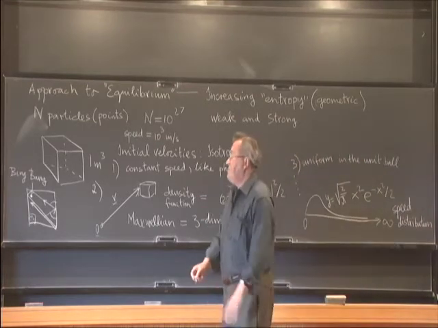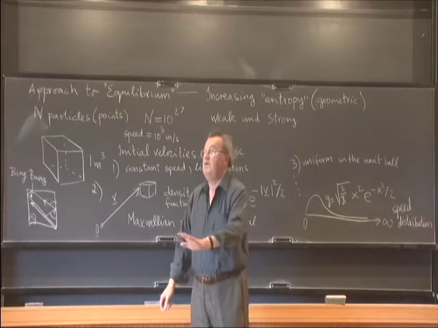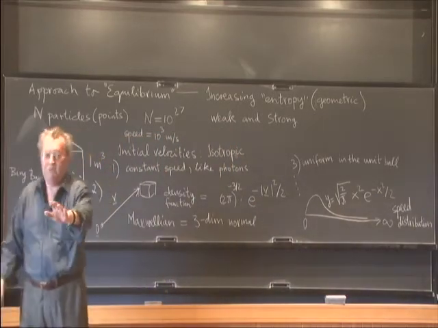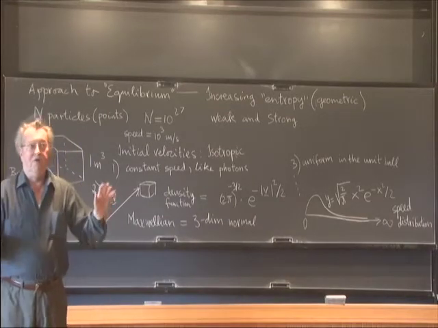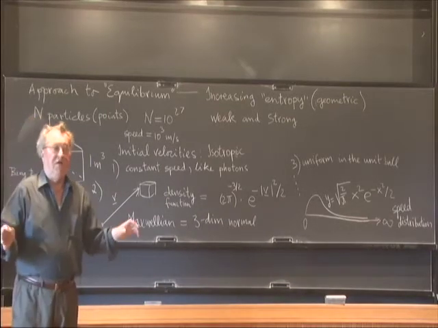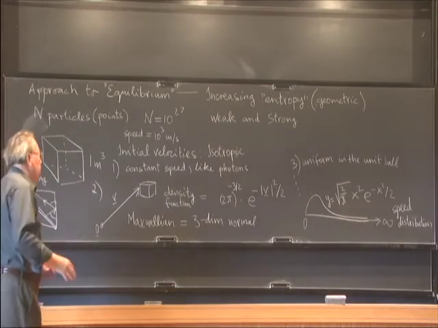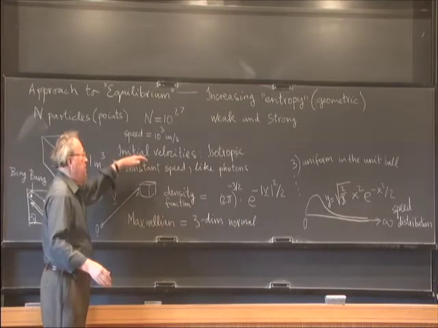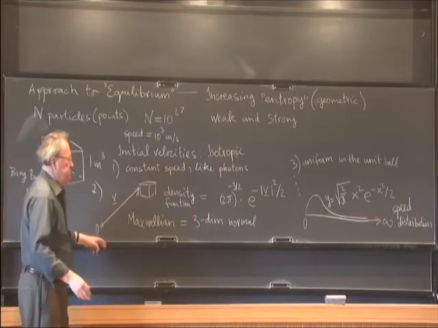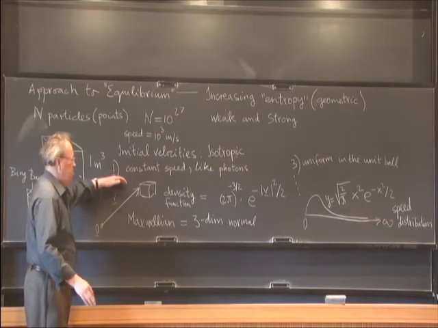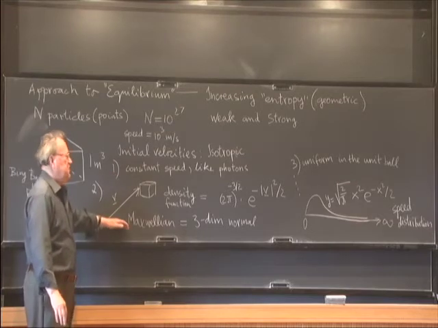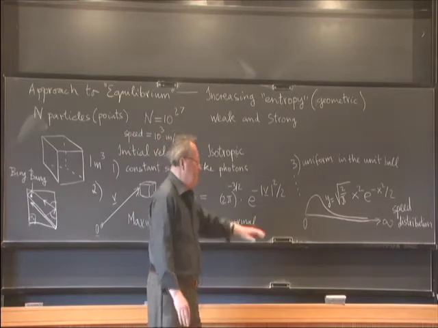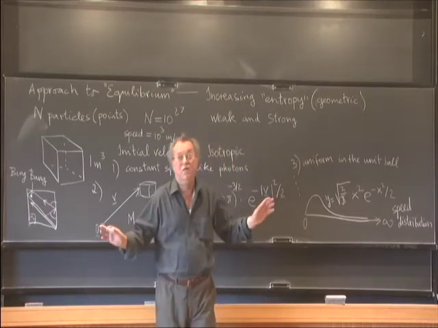So this is the situation. We start from an arbitrary initial configuration like the Big Bang or this or whatever my enemy picks. And what I study is how quickly, and then we choose some initial velocities according to these cases, whatever you like, the photon-like, the gas-like, Maxwellian, or uniform in the unit ball, or whatever speed distribution you like.